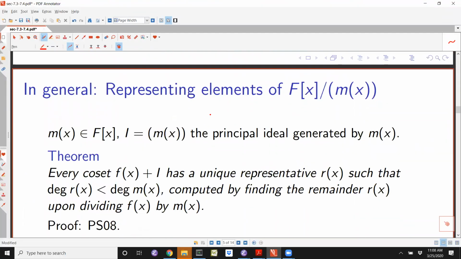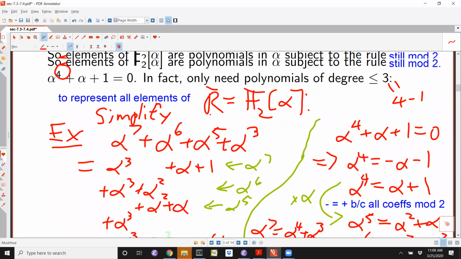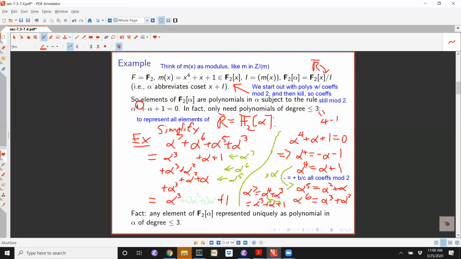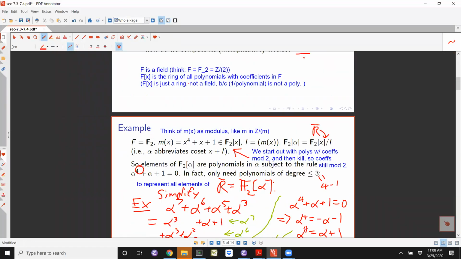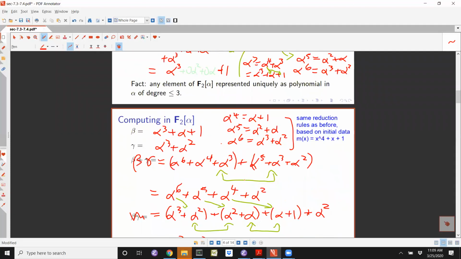So in general, we've worked this out. Let me go back to the whole page display for a bit. In this particular example, we have worked out how to represent elements. Any element can be represented by a polynomial of degree strictly less than the degree of the modulus.